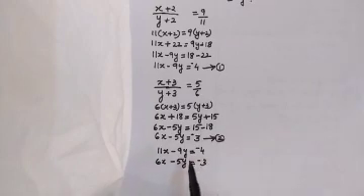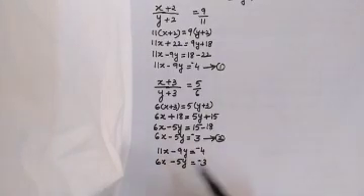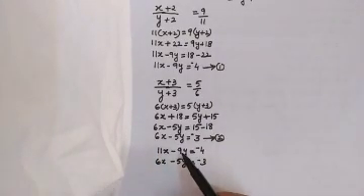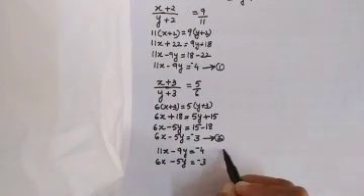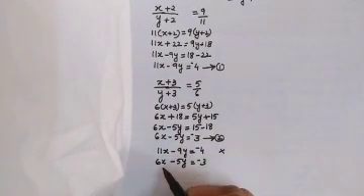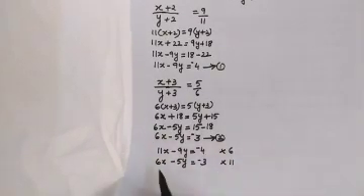So to make the coefficients equal, we can multiply the first equation with 6 and the second equation with 11 so that the coefficients of x will be equal. Or you can multiply the first equation with 5 and second equation with 9 so that the coefficient of y will be equal. Anyway, here I am going to multiply the first equation with 6 and the second equation with 11.